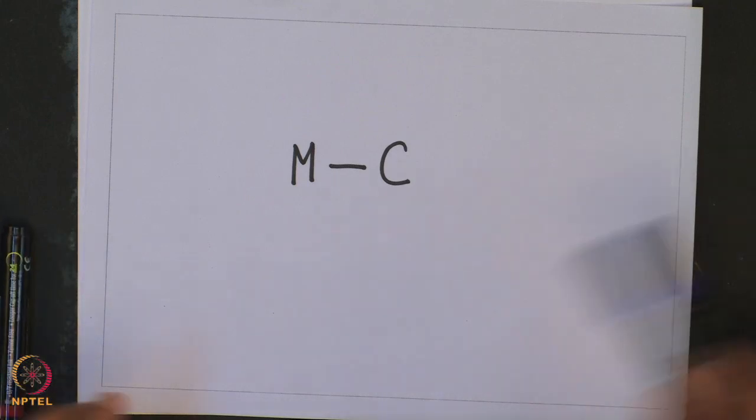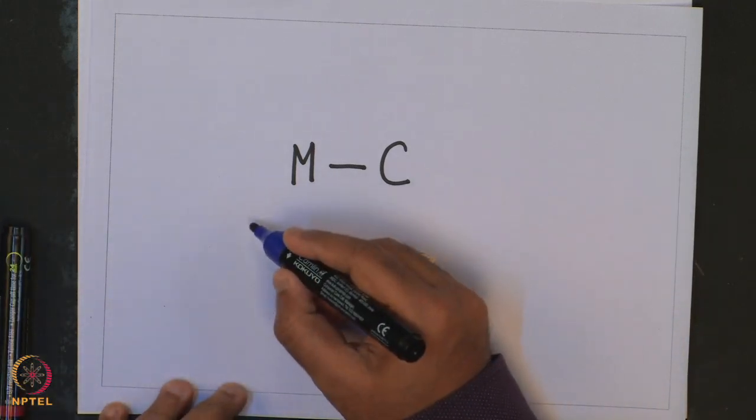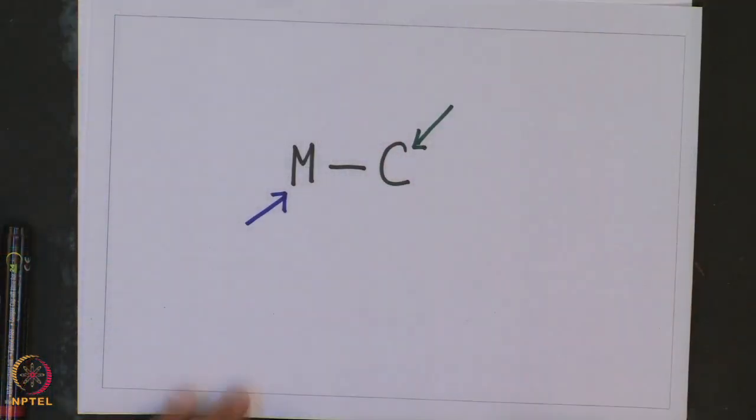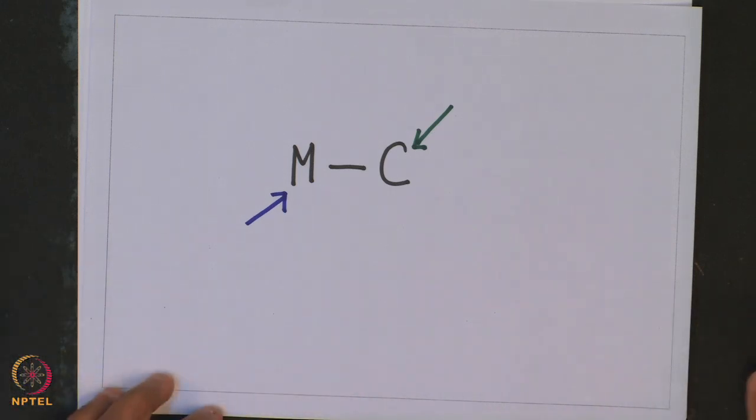The last few lectures focused on the electronic as well as steric requirements of the metal center that affect the metal carbon bond. In the next series of lectures, we are going to look at the ligand requirement, in terms of what kind of bonds the ligands make with the metal center that affect organometallic compounds and their classifications.